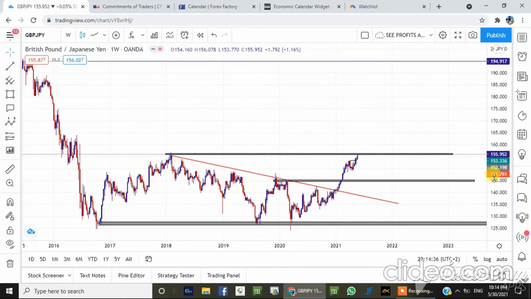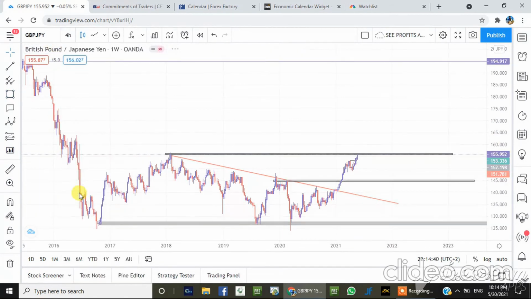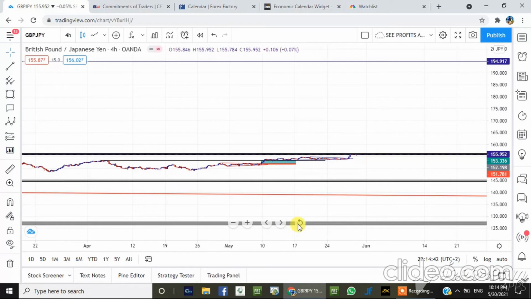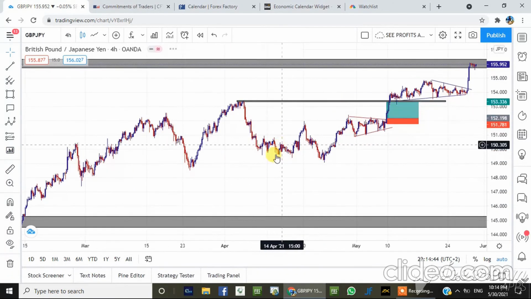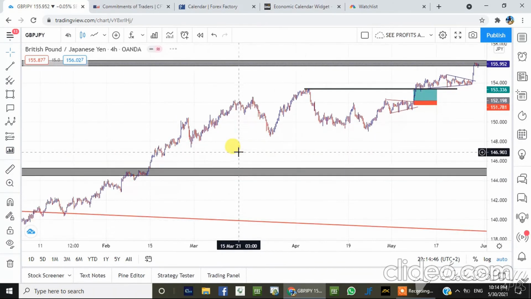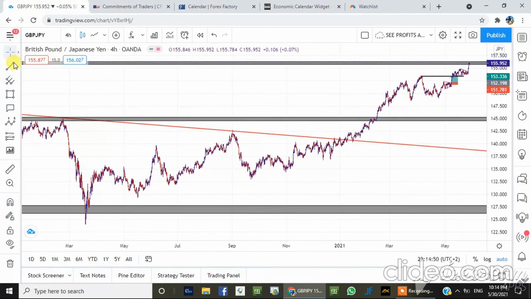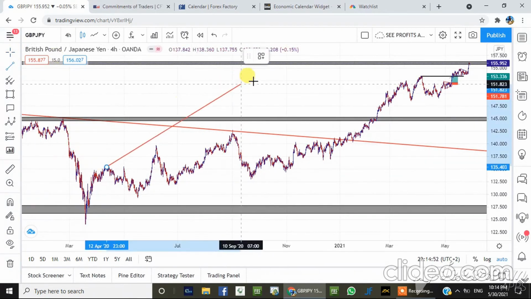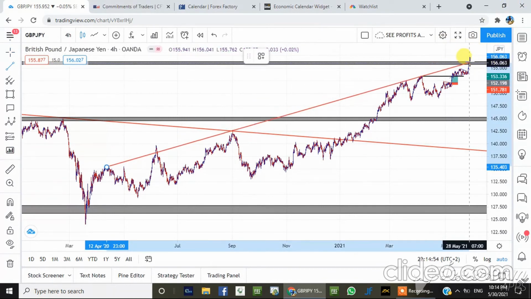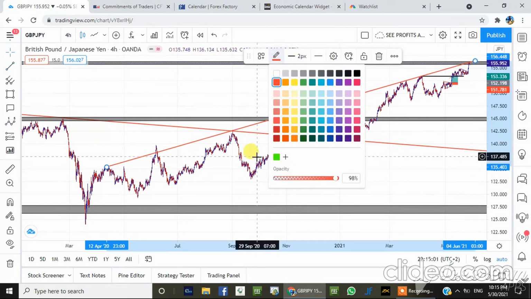So let us go deeper to the 4-hour time frame. On H4 we can see that we are in a small nice bullish trend, which has a trend line in resistance. We are in a resistance on GBPJPY.